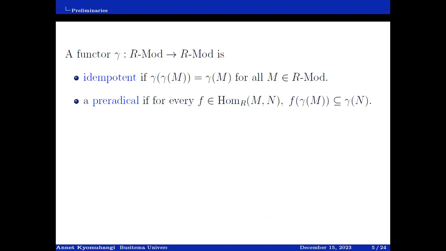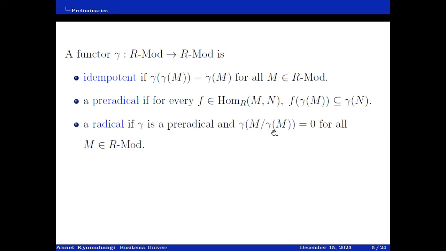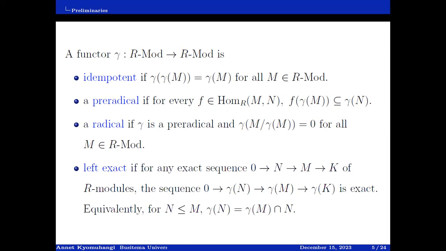We say that a functor from the category of R-modules is idempotent if this property is satisfied. In case it is a pre-radical, then for any homomorphism we must have this property satisfied. And if we have a pre-radical which satisfies this other property, then we say that pre-radical is a radical.